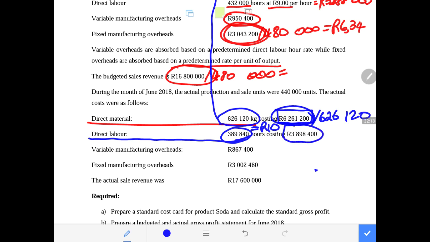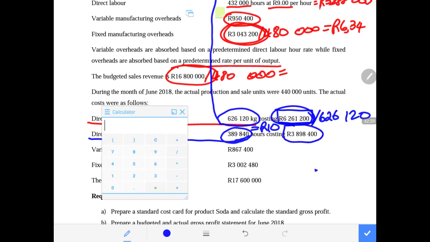If we want the rate of labor per hour, it will be 3,898,400 divided by 389,840, and this gives me 10 rand again, the actual direct labor rate.